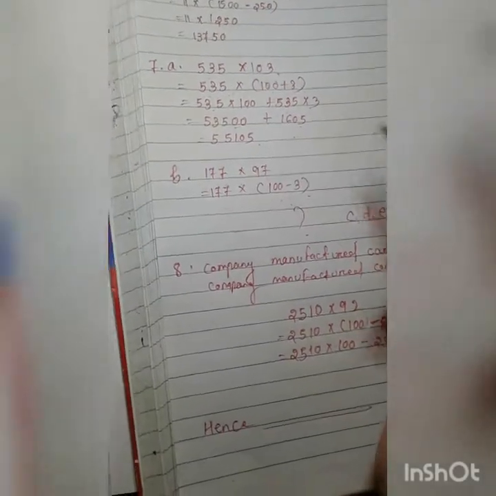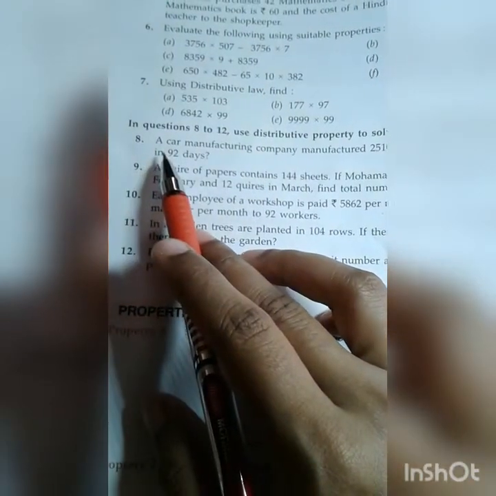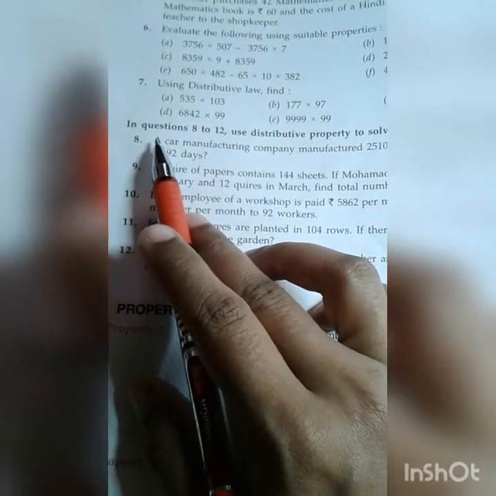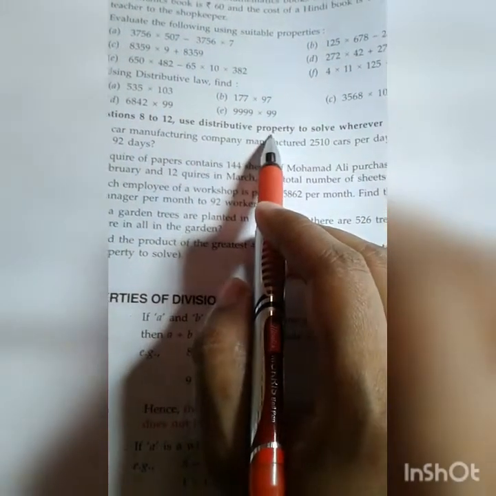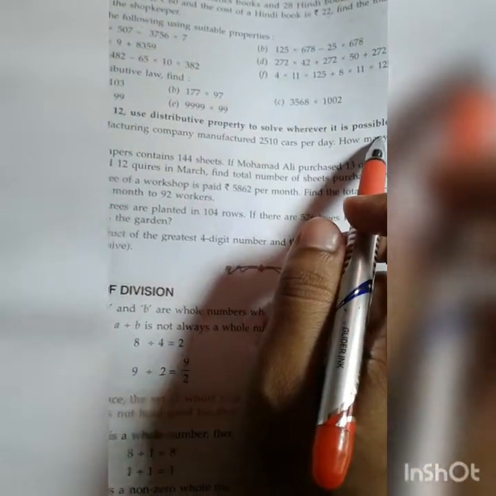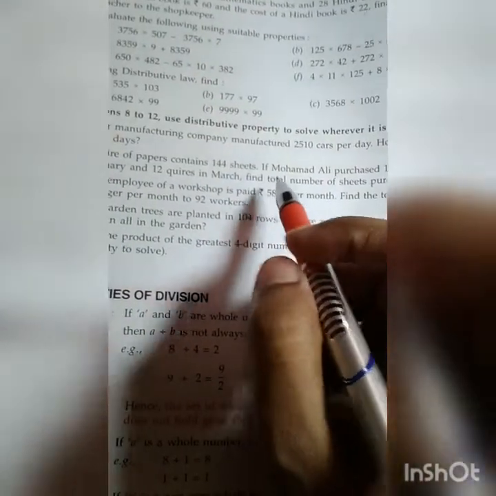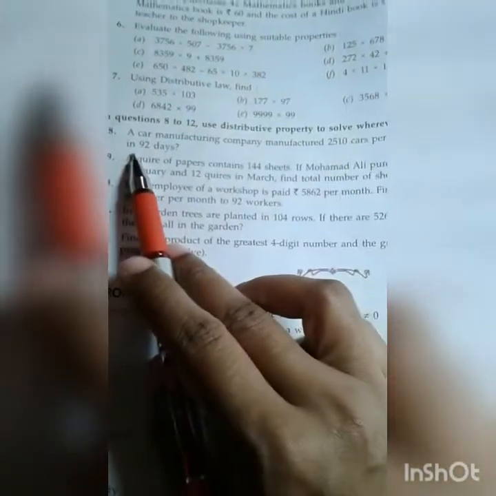Okay, children. Then comes to 8 number. Here one instruction is given for questions 8 to 12. Use distributive property to solve whenever it is possible. So where possible, you use distributive property. First see 8 number.